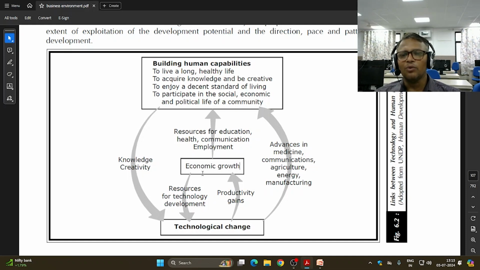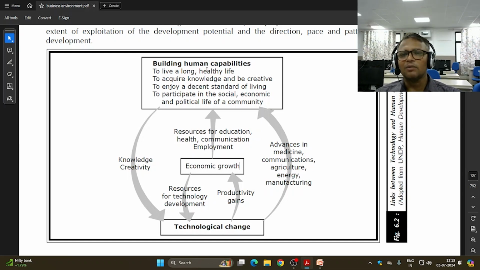Additionally, this economic growth also helps in the transfer of resources for technology development, which in turn gives us the tools or outputs. Through technological change, we get new tools, new technologies, new advancements, which help to improve our productivity and productivity gains. This technological change further gives various benefits to society in the form of better medicines, communication tools, agriculture tools, energy, manufacturing, and so on.